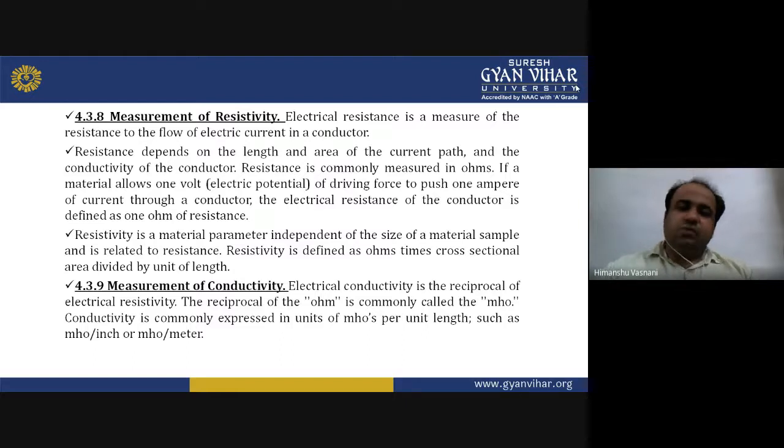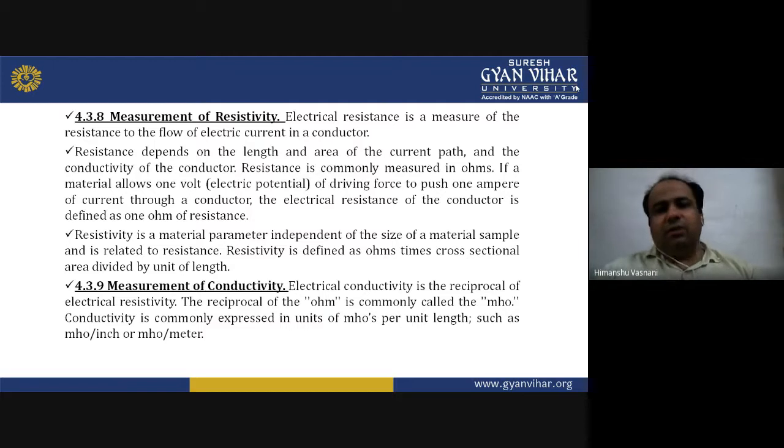Resistance is commonly measured in ohms. If a material requires 1 volt of electric potential to push 1 ampere of current through a conductor, the resistance of the conductor is 1 ohm.